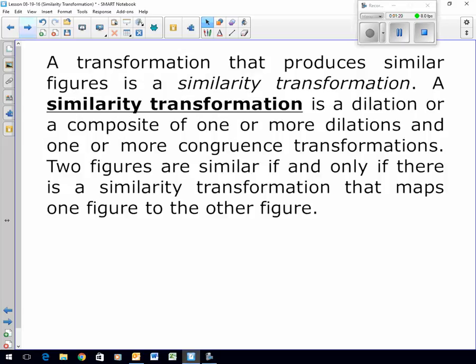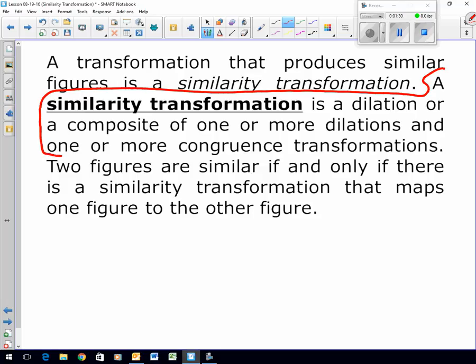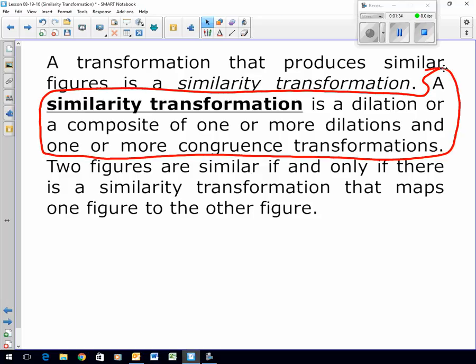Make sure you get this part written down. The transformation that produces similar figures is called a similarity transformation.